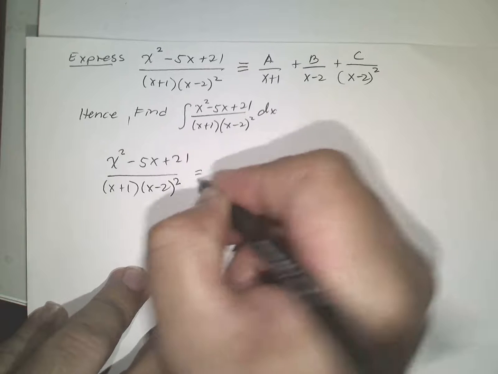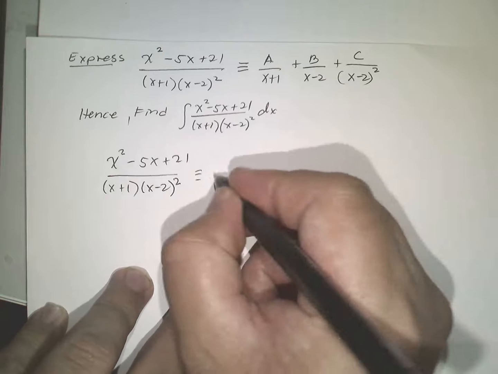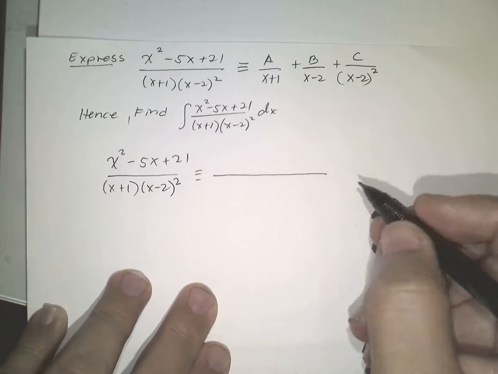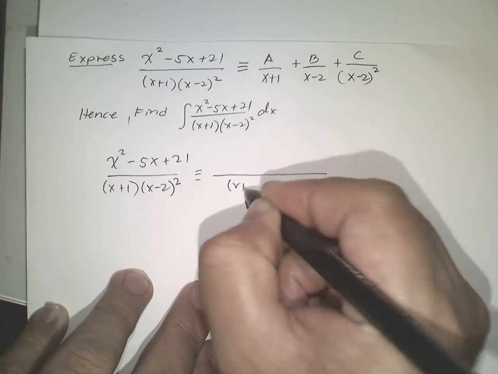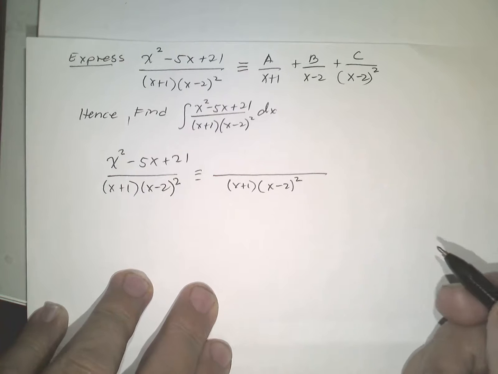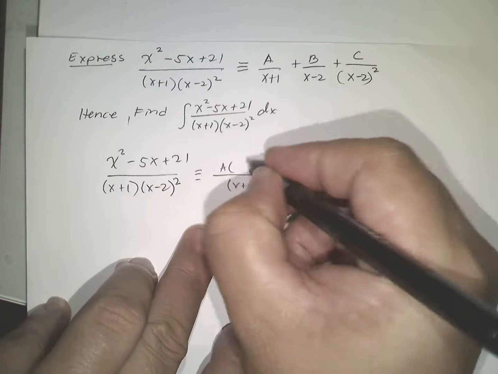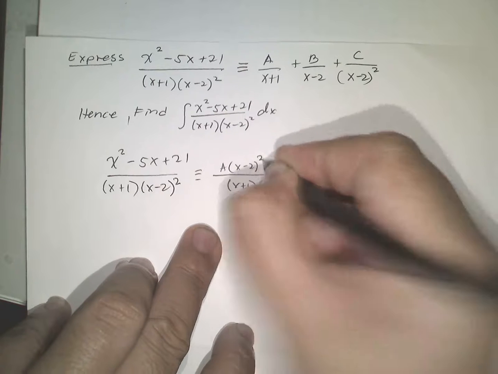You can get the LCM, which is x plus 1 and x minus 2 squared. And then this one will be A times x minus 2 squared.